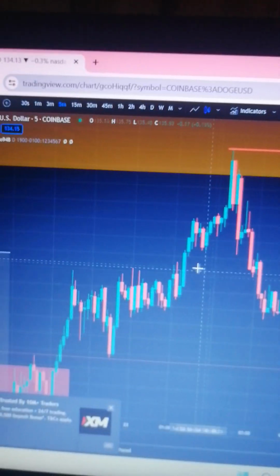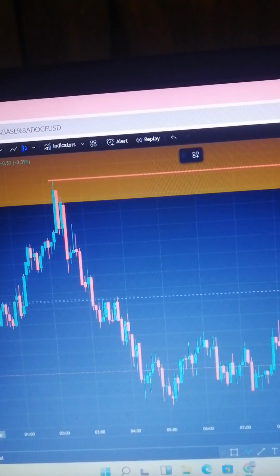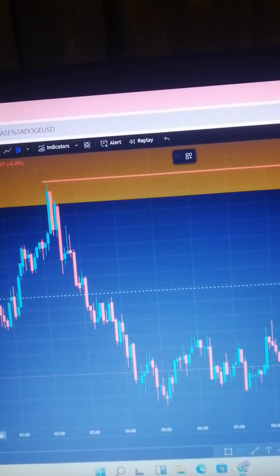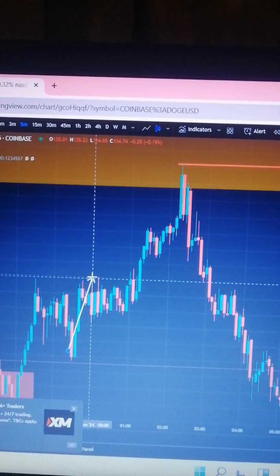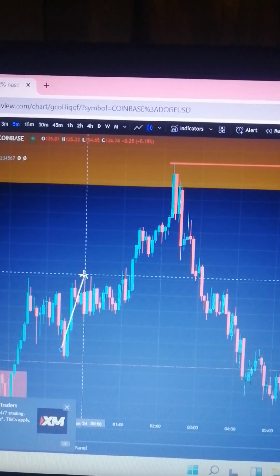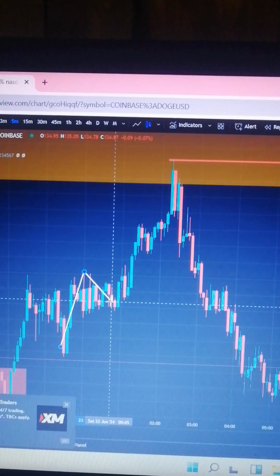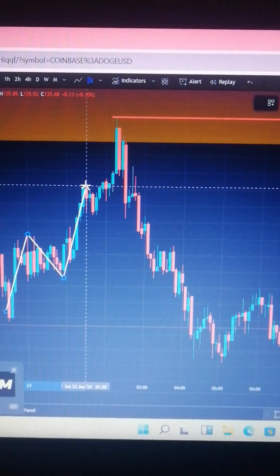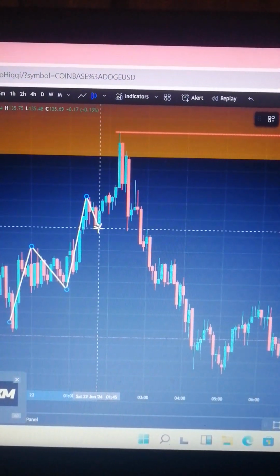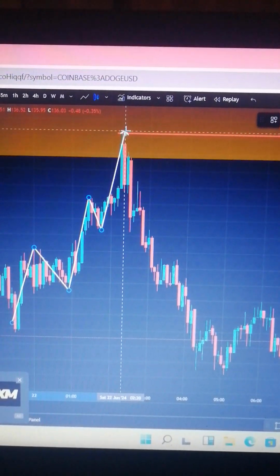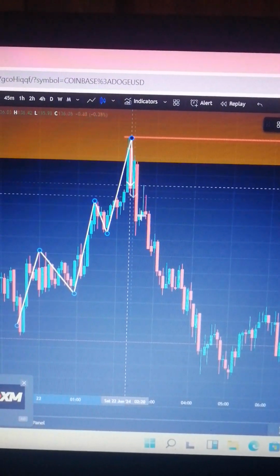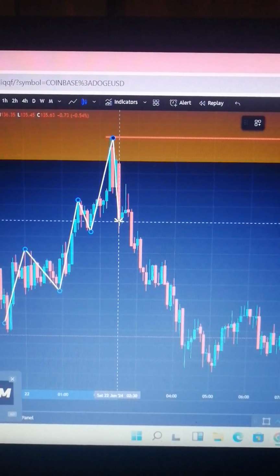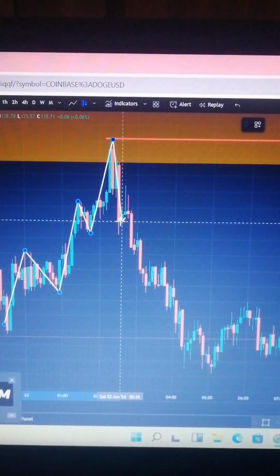And if someone now could do this, like the price was going, making higher low, so this one went above, you see, higher high, higher low, higher high, higher low, higher high, and then the price failed to make another higher high.